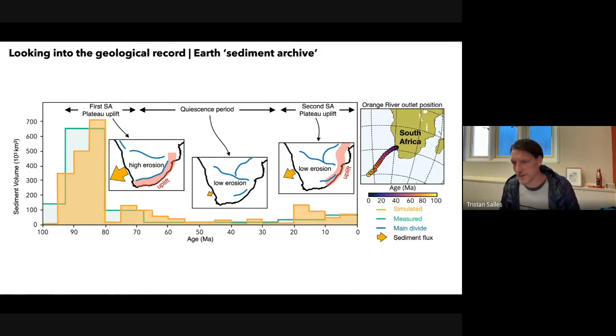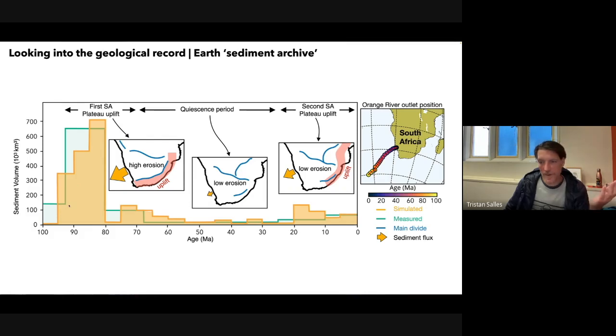But with the plate tectonic model that we use, that's the position of the Orange River mouth over time, over the last 100 million years. And what we can do with the model is extract the amount of sediment carried to this outlet over time, and that corresponds to this orange line here.